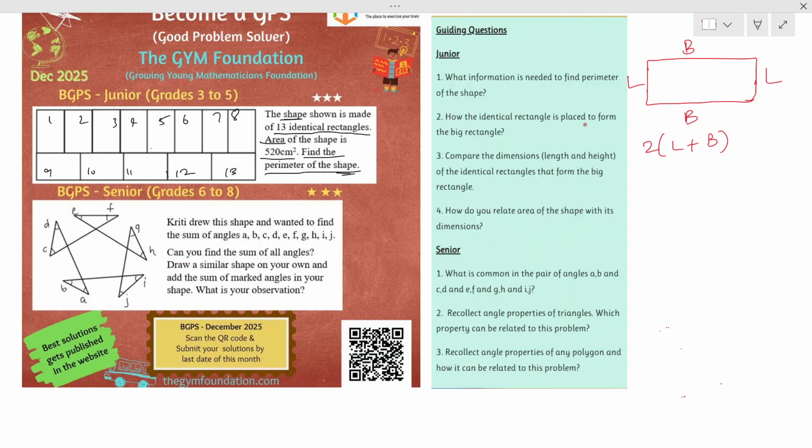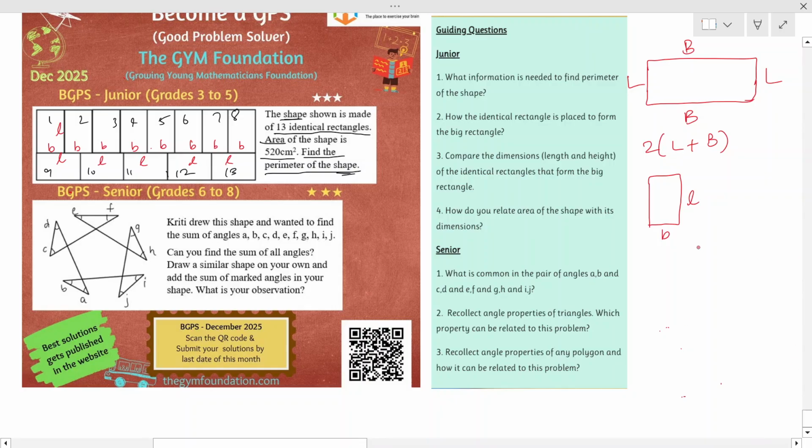How are the identical rectangles placed to form the big rectangle? Let's consider this as the small identical rectangle, with small l for length and small b for breadth. It is placed in such a way that the breadth of 8 rectangles is actually equal to the length of the same rectangle taken 5 times.